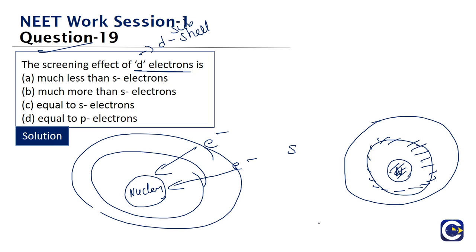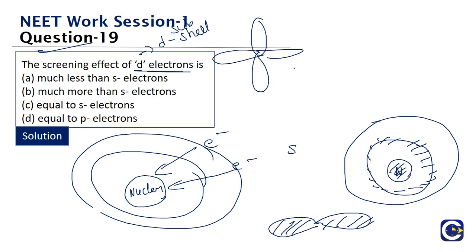Whereas if you go to the P, the distribution of electron cloud is only along the lobes. If you go to D, it is diffused. Okay. If you go to F, it is even more diffused. So what we'll observe is, generally, the screening effect order will be S more than P, more than D, more than F.